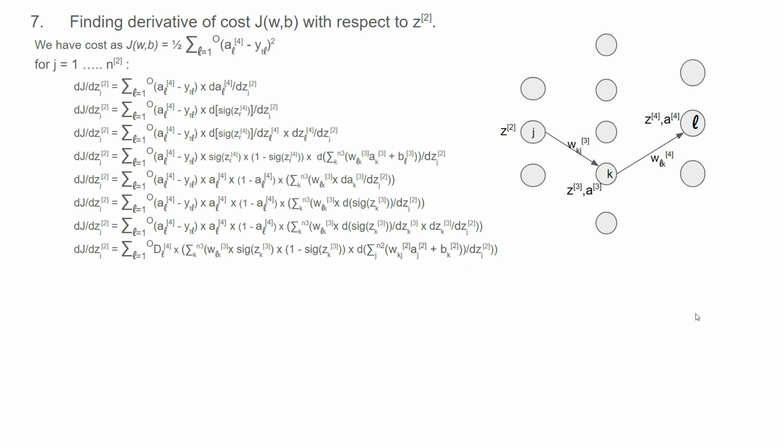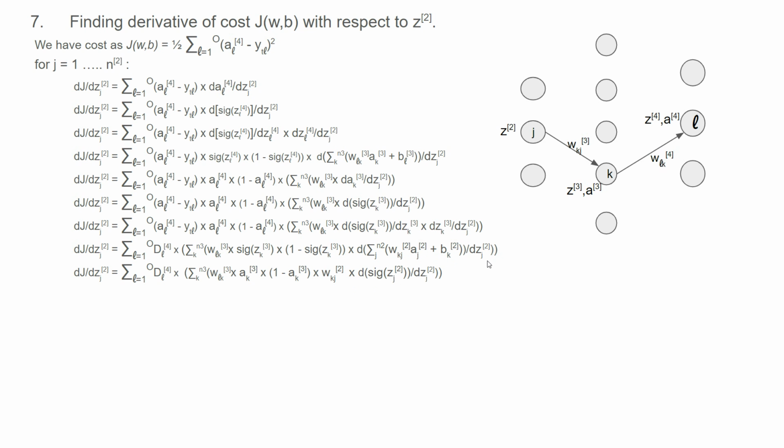Let's see what comes out next. Here also z_k3 is substituted as a forward propagation equation, and again we are differentiating it with respect to dz_j2.